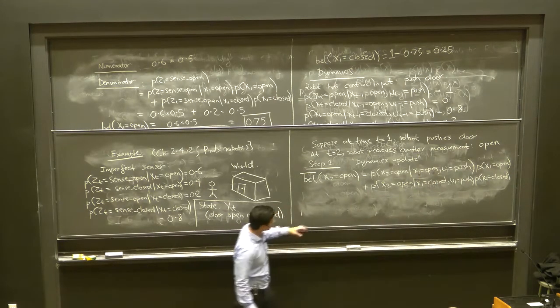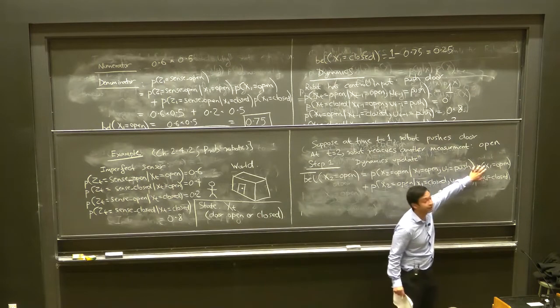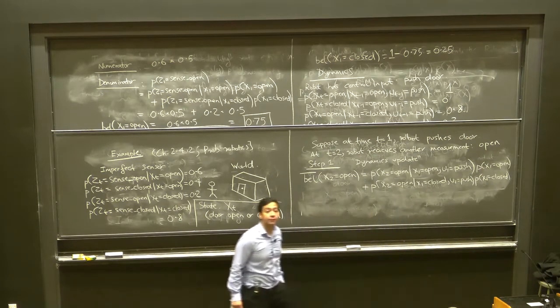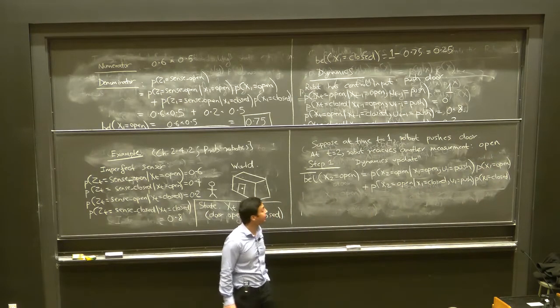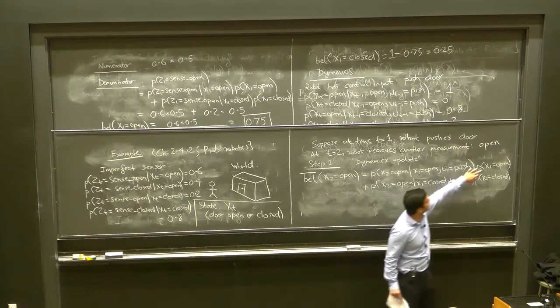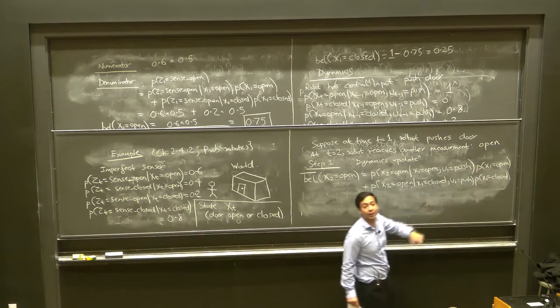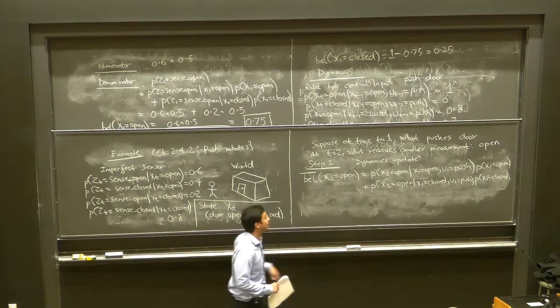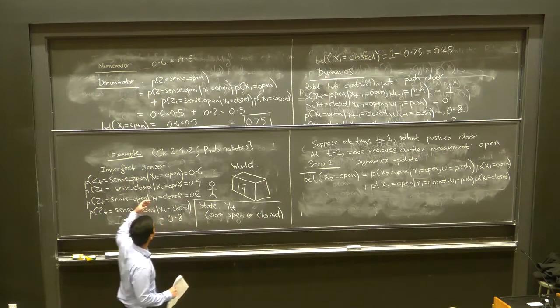The next question here is, what are these probabilities? What should we take here? The prior probability that the door was open versus closed, these two terms over here, what are they going to be? Go ahead. Substitute in the prior belief. Yeah, we already have a belief, right?